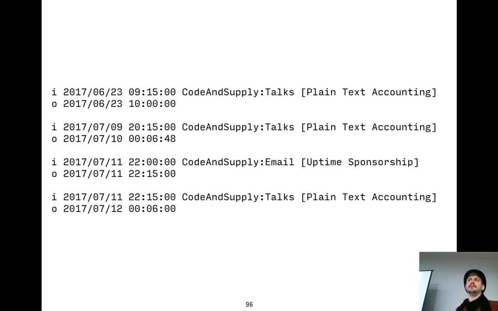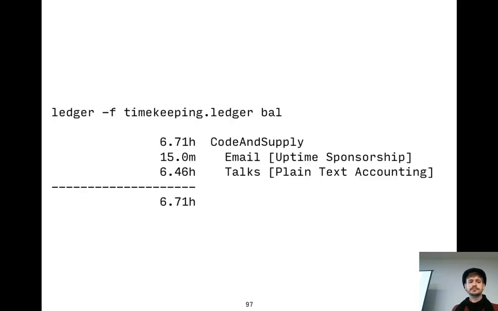In that same way, we can express like, okay, here's hours. There are 60 minutes in an hour. There's 60 seconds in a minute. There's 24 hours in a day, those kinds of things. And be able to have the flexibility to show all of these units within a single account.